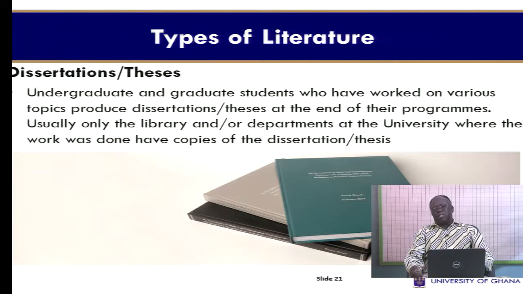Books published by university press houses usually go through some sort of peer review. So there is a sense in which we can say that books contain credible information on the topic you are researching. Then also, another type of literature is dissertations and theses that are written by postgraduate students. These are normally found in the libraries.